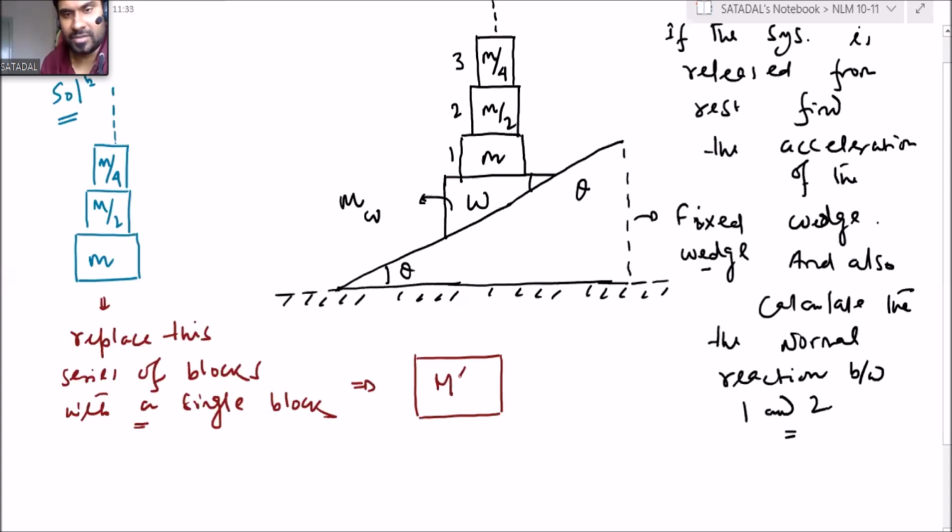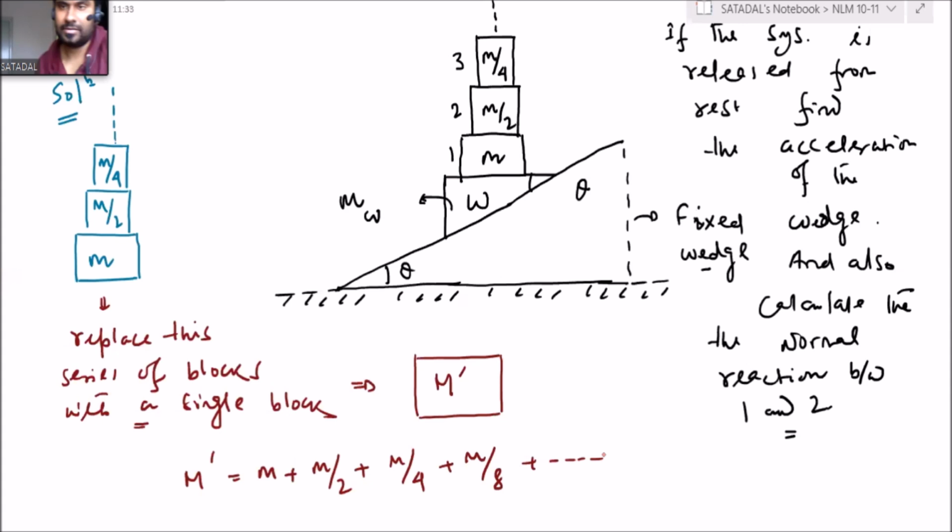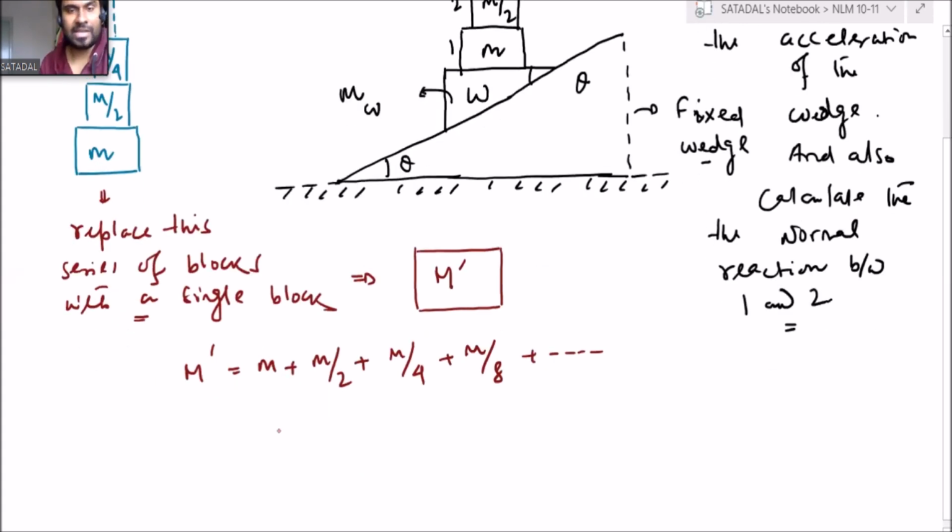Suppose its mass is going to be M prime. So what is going to be the total mass? M plus M by 2 plus M by 4 plus M by 8, and so on. Sequence and series, you know maths better than me. So it comes 1 by 1 minus half. So M prime comes to be 2M.